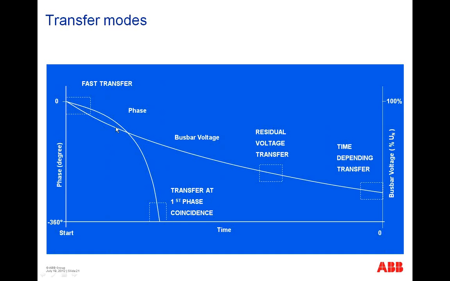This is shown here: the declining voltage on the busbar, and also this changing of the phase angle. We have synchronous condition, then no more synchronous condition, and after 360 degrees, we have a special moment of synchronous condition once more. But to avoid confusion, we will start with the fast transfer mode.